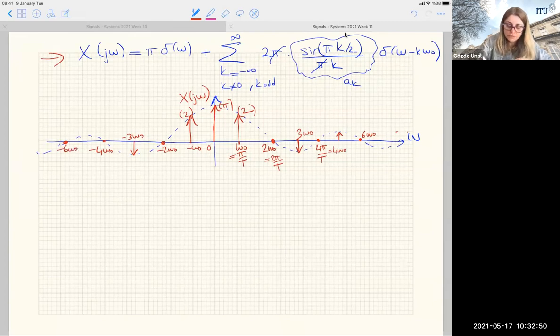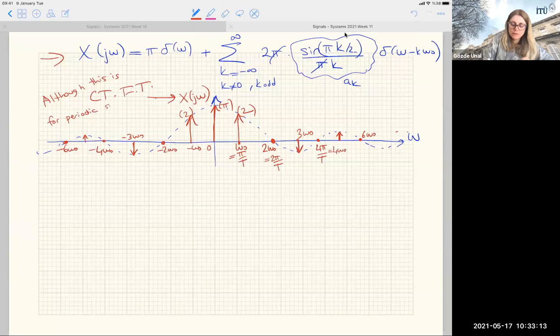Okay, so you see I have a discrete spectrum, although this is a continuous time Fourier transform. Although this is the continuous time Fourier transform, for periodic signals we end up with a discrete spectrum still.